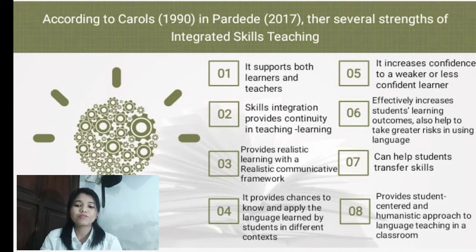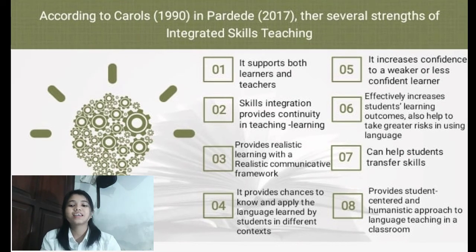Also, it can be valuable for motivation because it allows for relaxation and reflection of language which was already taught. The fifth is skill integration increases confidence of weaker or less confident learners because in this strategy, the skills are not learned in isolation but in the form of combination.